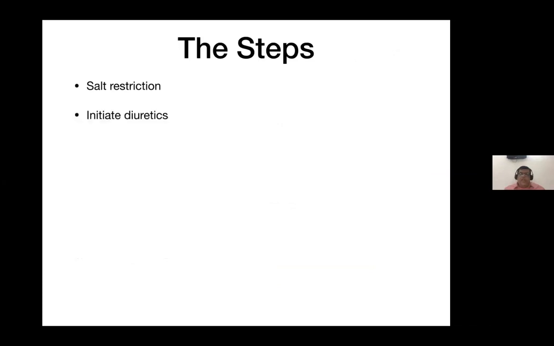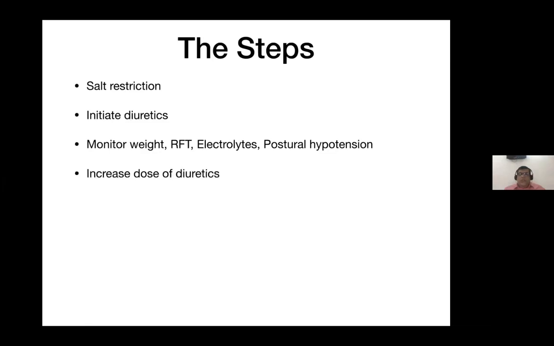Then we initiate diuretics. We monitor the weight, creatinine, electrolytes, look for clinical features like postural hypotension. Increase the dose of diuretics if the above parameters are good. But at this stage, when the increased requirement of diuretics is there, counsel the patients about the need for transplant in the near future.